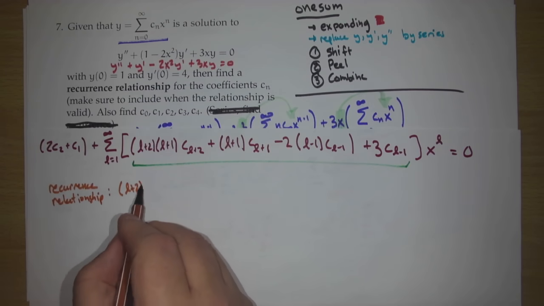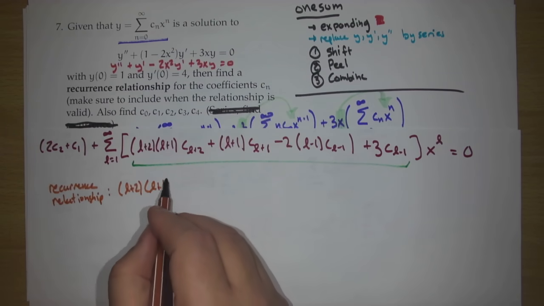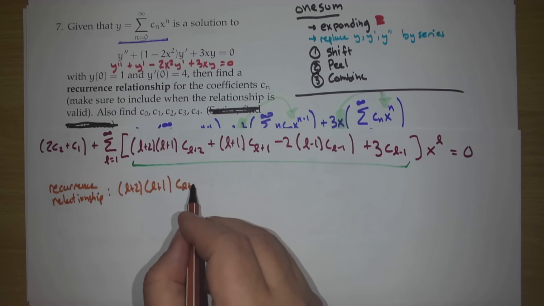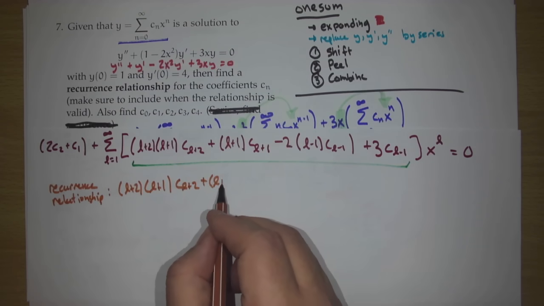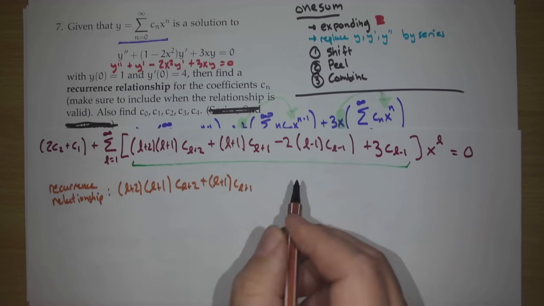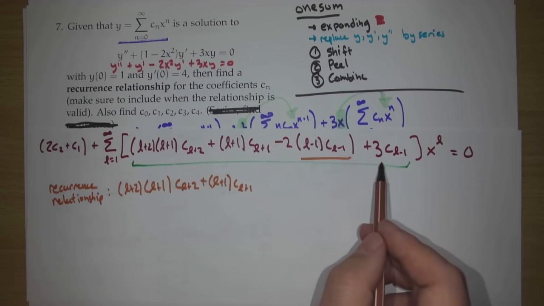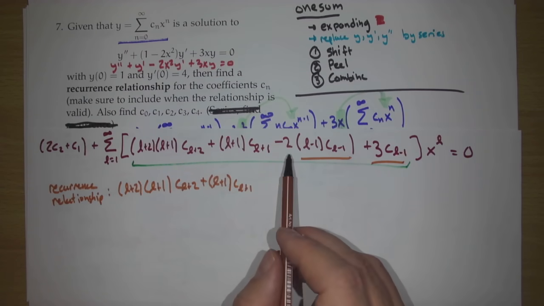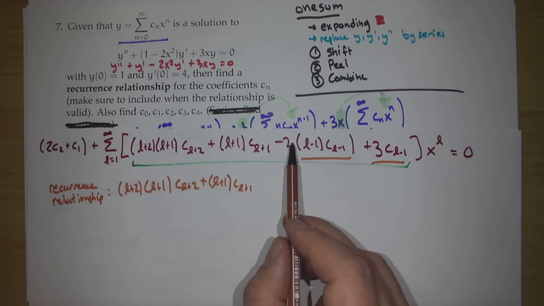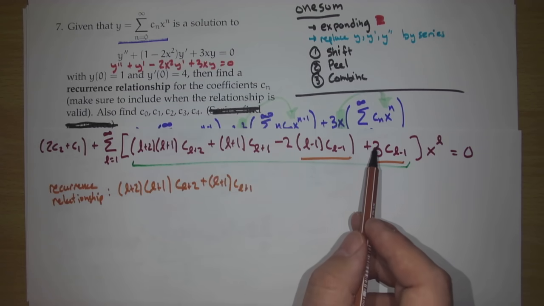It's L plus 2, L plus 1, CL plus 2, plus L plus 1, CL plus 1. And we can combine these last two together. Let's do that. So this would be minus 2L plus 2 plus 3.